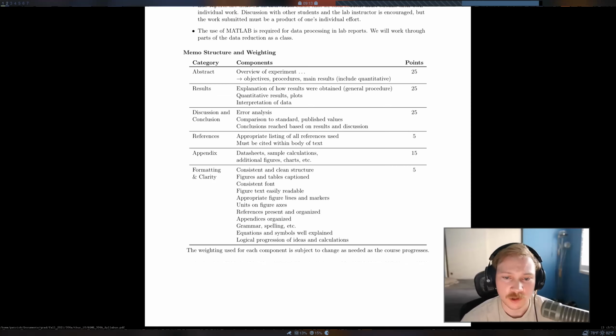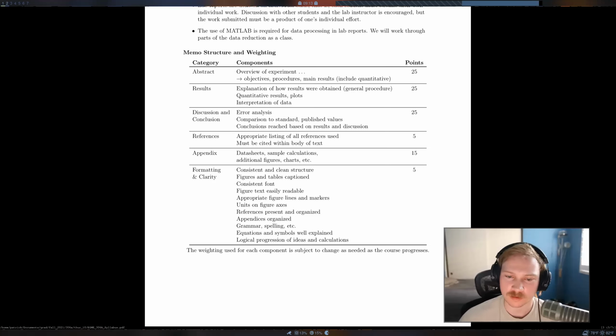Okay, so the memo structure and the weighting that's given here, this will be for every single lab. This is going to be the format. So you're going to have an abstract. Most of you probably have written abstracts before. So for that, basically, and we'll talk about this as well once we get to the first lab, because I want to make sure you guys do well in this.